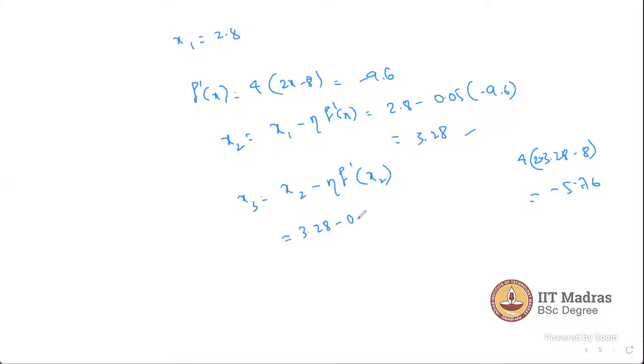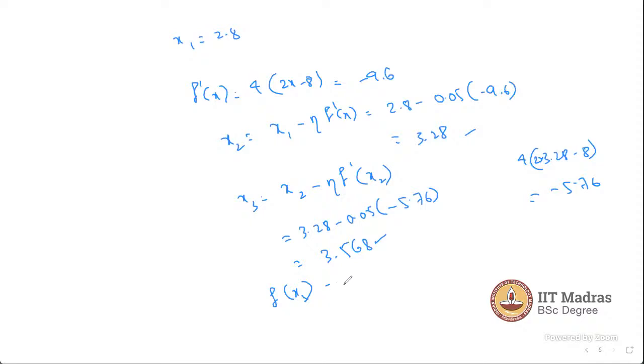Substituting it here, we get 3.28 minus 0.05 into minus 5.76. So this will give us 3.568, correct? That is x3.